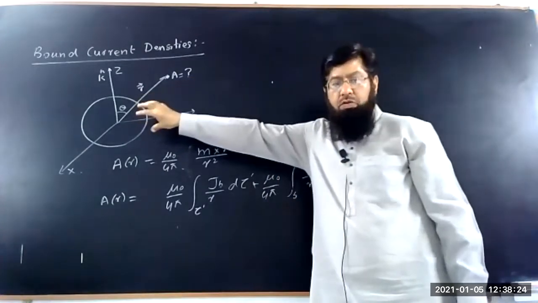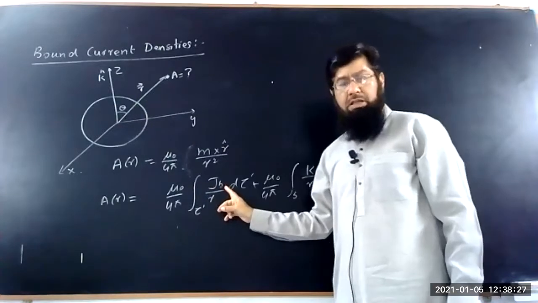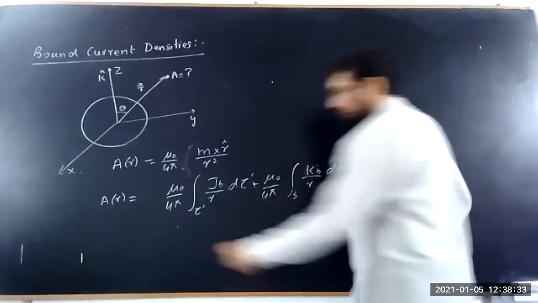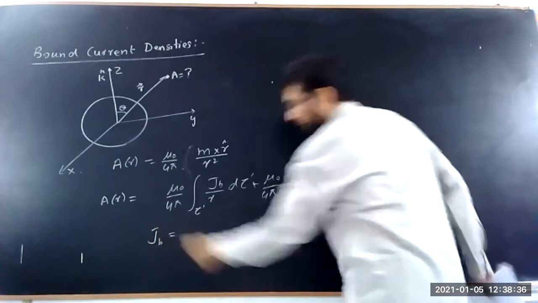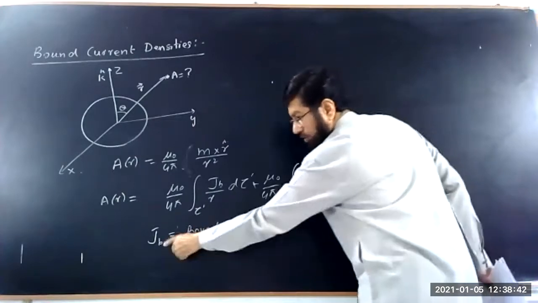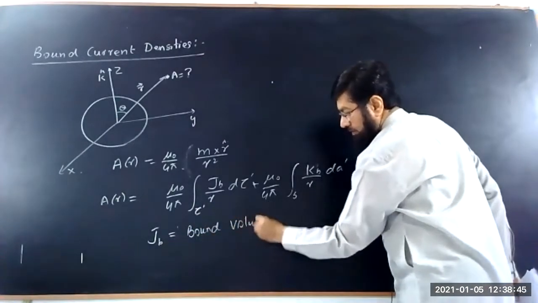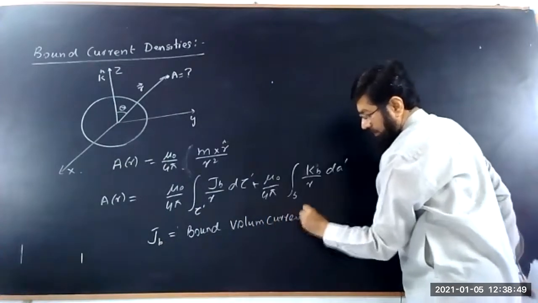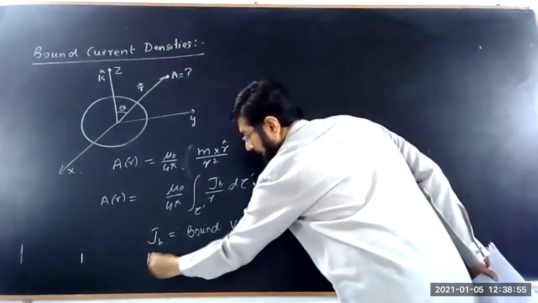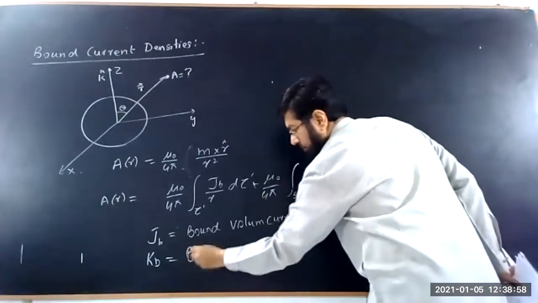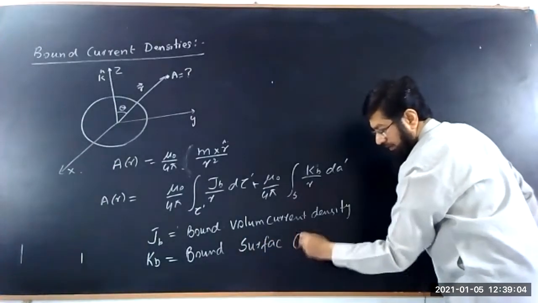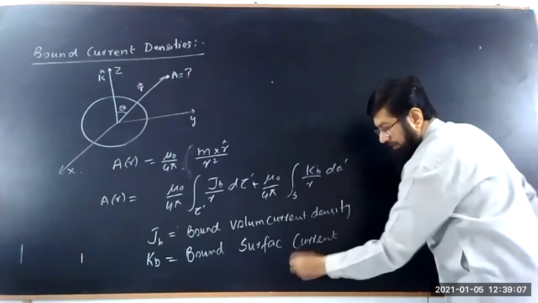Inside the material we call it a volume current density, and on the surface of the material we call it a surface current density. So J_b is the bound volume current density, and K_b is the bound surface current density.